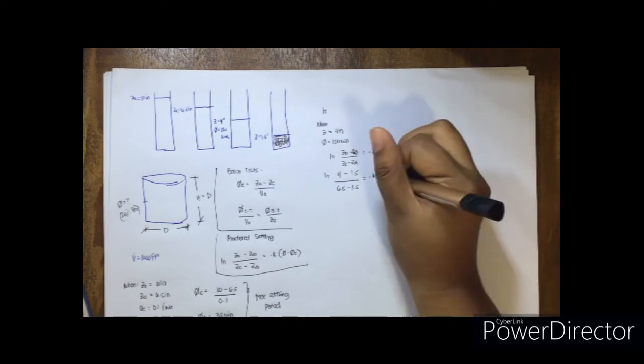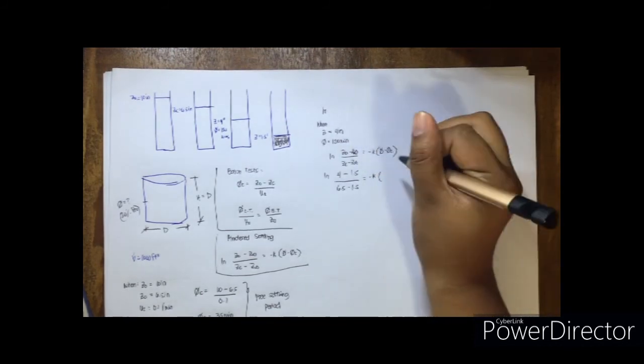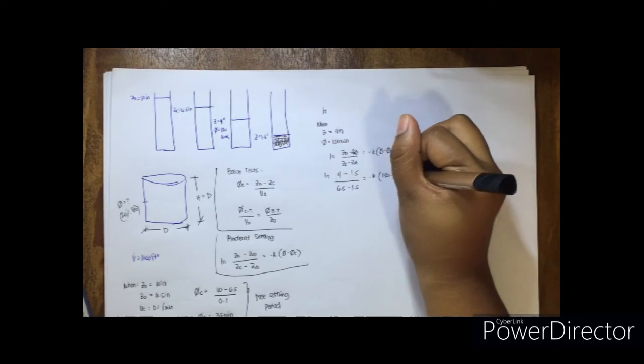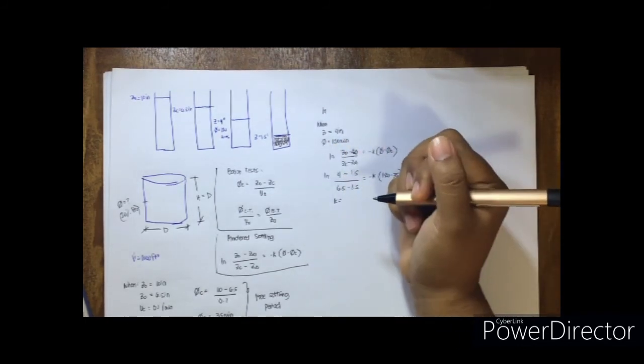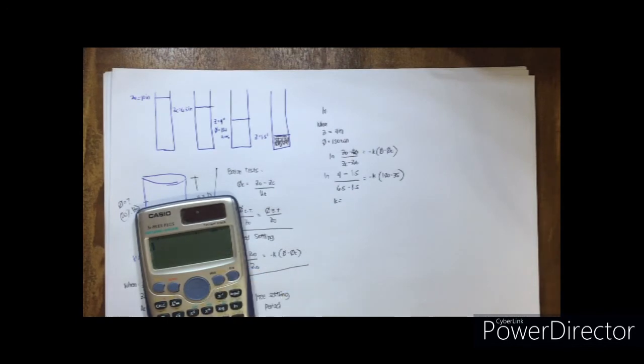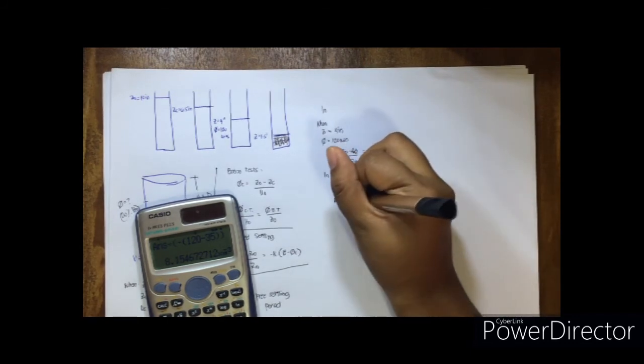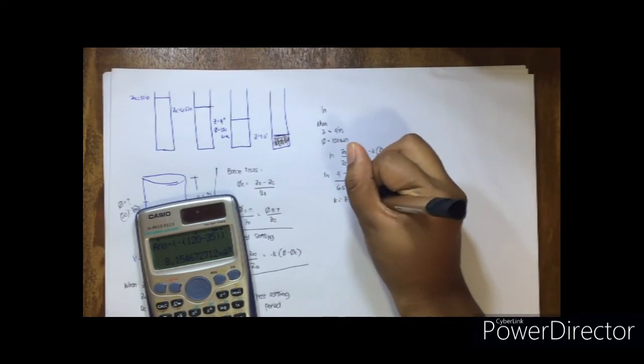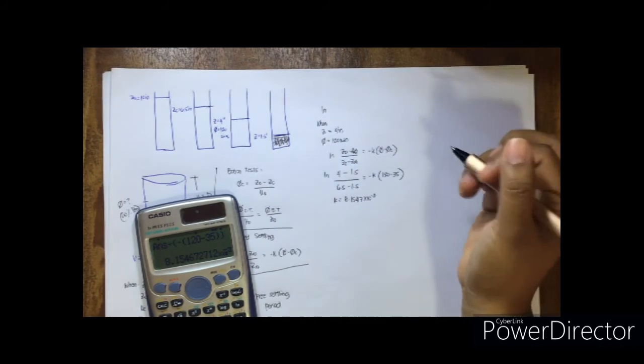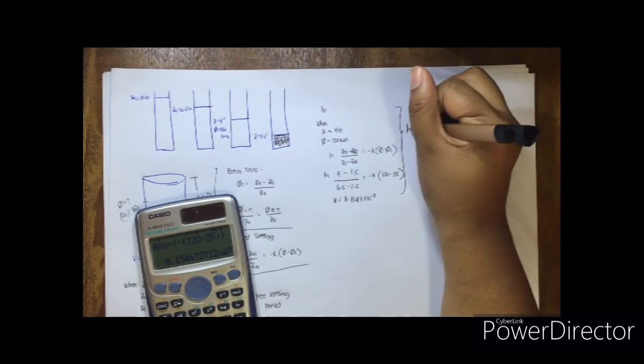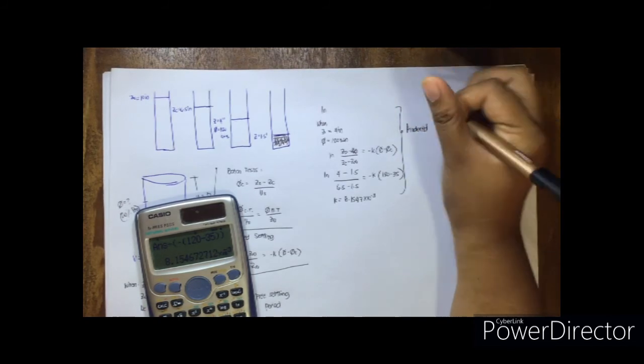K is unknown. This is supposedly constant. Then 120 minus 35. So we will now have the value of k, 8.51547 times 10 to the negative 3. So this is the hindered settling period of our sludge.